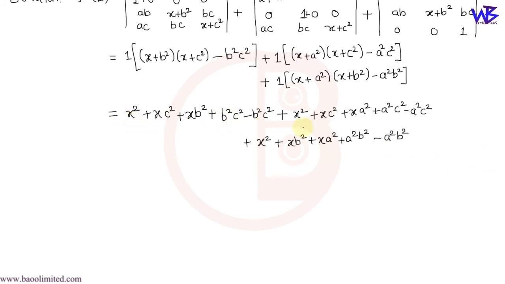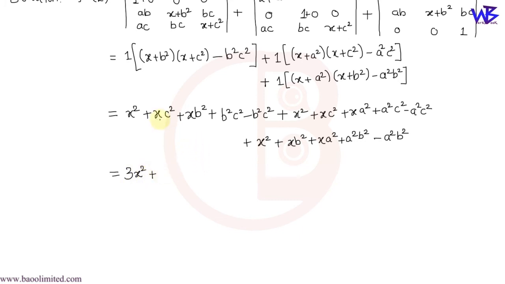Now, in this expression, we can see that b square c square minus b square c square will give 0. A square c square minus a square c square will give 0. And a square b square minus a square b square will give 0. Also, this x square plus x square plus x square is nothing but 3x square. So writing here 3 times x square plus.